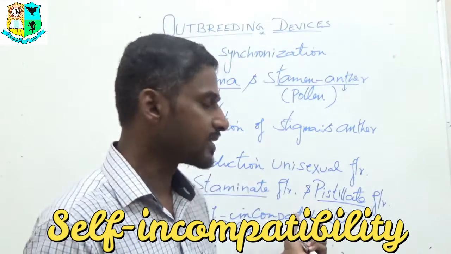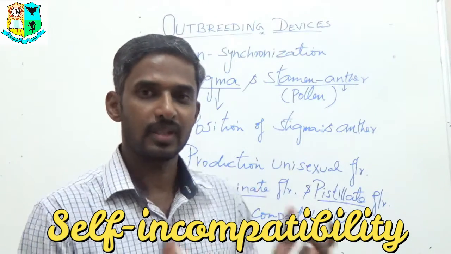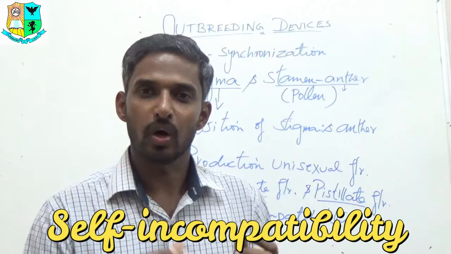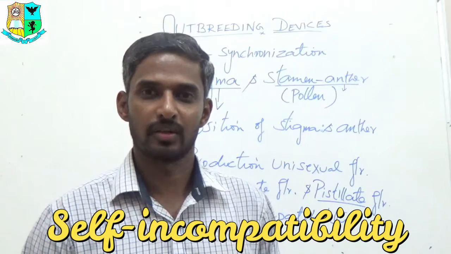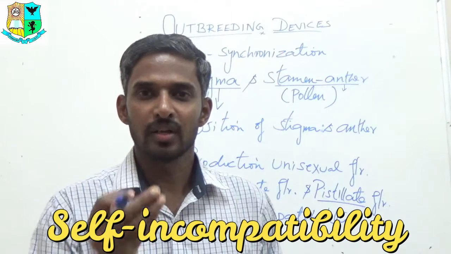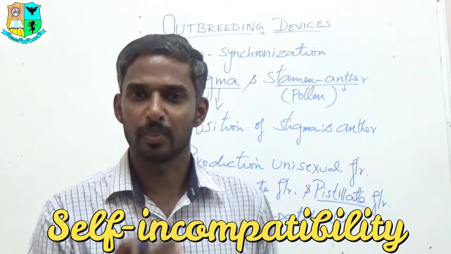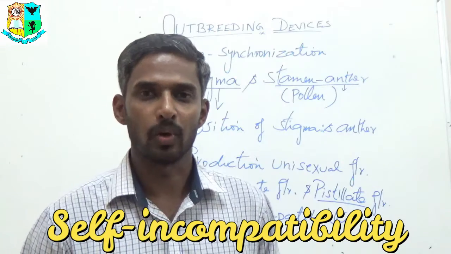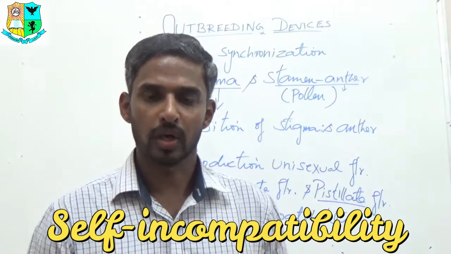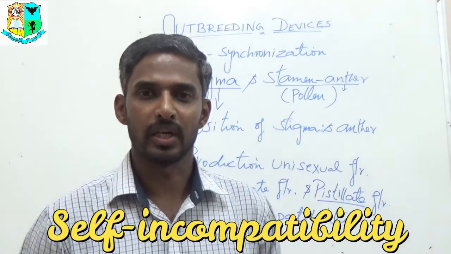In this case, the stigma will recognize whether it is self pollen or pollen from the other plant. Only when the pollen comes from another plant will it accept, and finally one or two pollen grains will germinate by producing pollen tube. And thus with this method it overcomes the self-pollination.